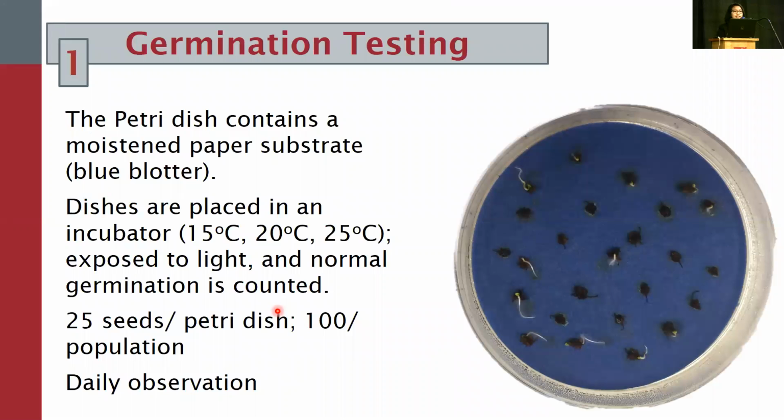Because the seed of this plant is small and requires light, we did germination testing using petri dishes, and as you can see in the picture, we used blue blotter paper in the petri dish as a substrate, and then we placed them in an incubator or germinator at three different temperatures based on our literature review.